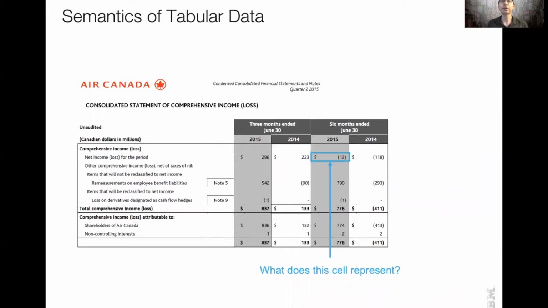And for this, I will need your participation. Let's look at this table, which is a financial statement of Air Canada. And let's focus on the blue cell, the one that contains the dollar sign and the value 13 within parentheses. Now, let's assume that I cannot look at the table and you're trying to describe to me what this cell represents in natural language.